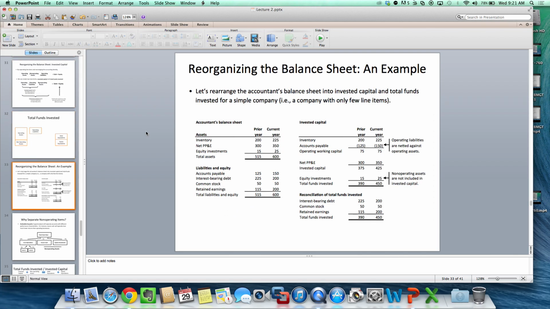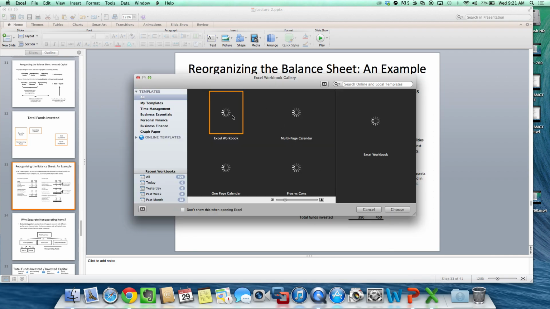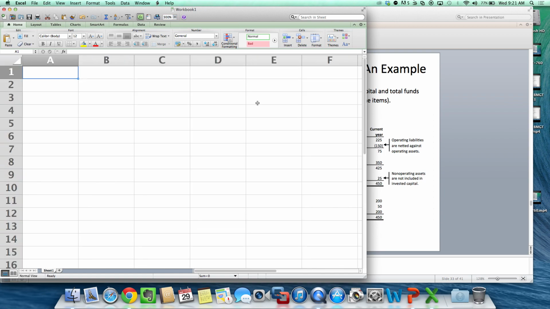So here's the process we're going to do, and we're going to start out with a simple balance sheet. The balance sheet on the left becomes the balance sheet on the right, the rearranged TFI. Just so we can see this, I'm going to do this in Excel so it'll be easier to see what's going on.